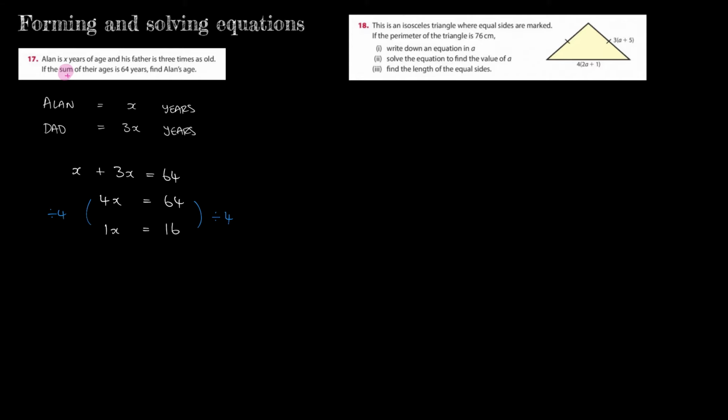So the answer for the first one, find Alan's age. Alan's age is equal to X, so Alan's age is going to be 16. If they asked us what his dad's age was, it would be 3 times 16, which would be 48. They didn't ask us that, they just asked us what Alan's was.